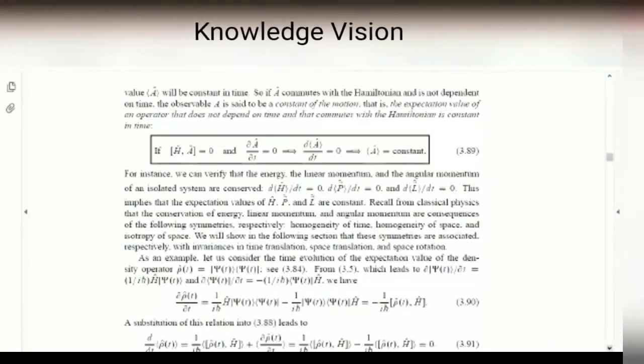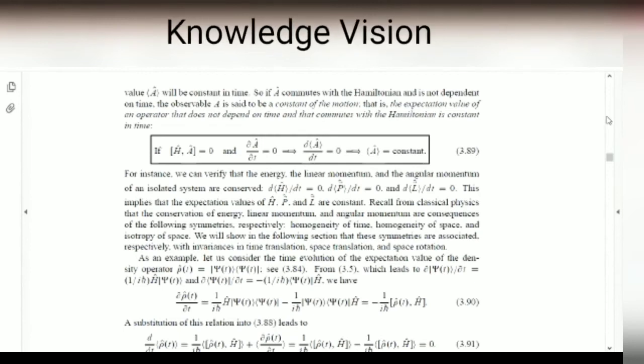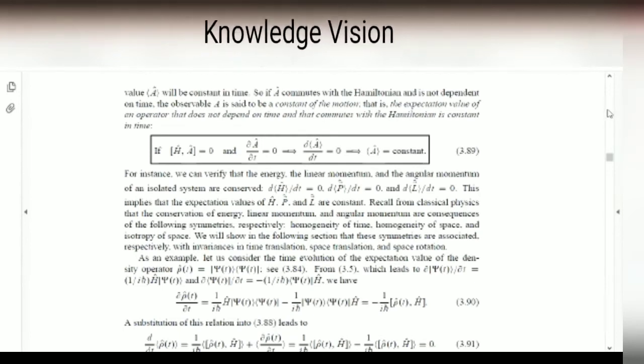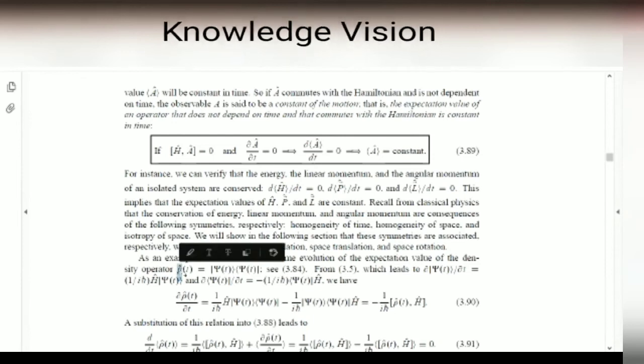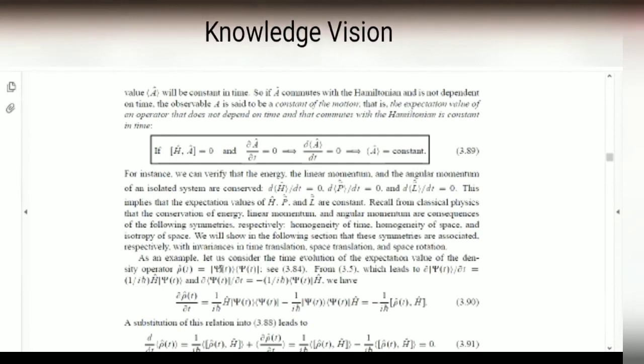Now we are going to expand this relation, because in the previous calculation we were using just A, which was any observable. Now our observable is, for example, the probability. The probability can be expanded in this way: it will be psi ket and psi bra, or psi mod square.